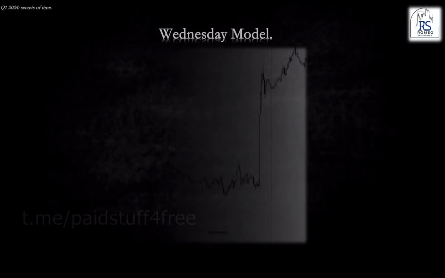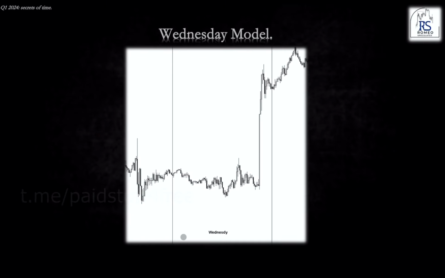Here's a real life chart example of the Wednesday model. You have open. This is, of course, the 5 p.m. open, right? So if you want the midnight New York open, it's going to be around here, right?